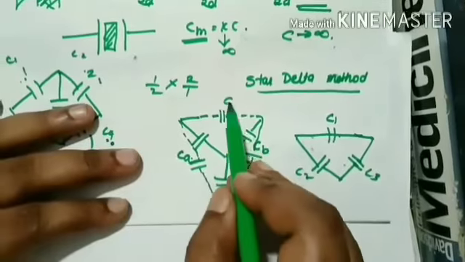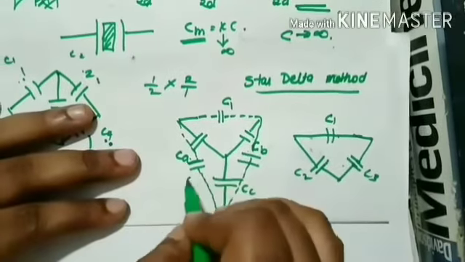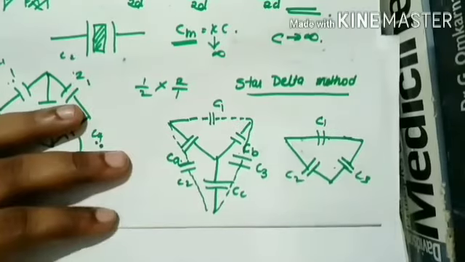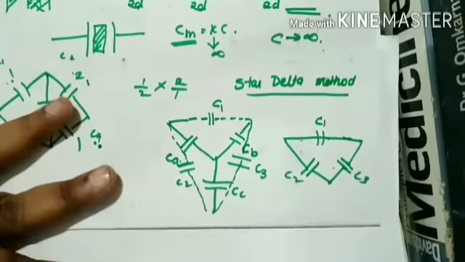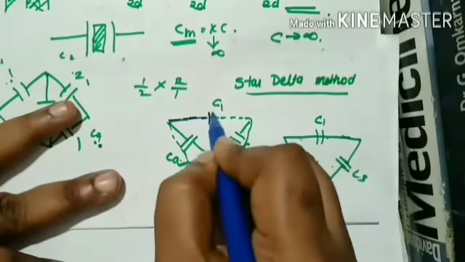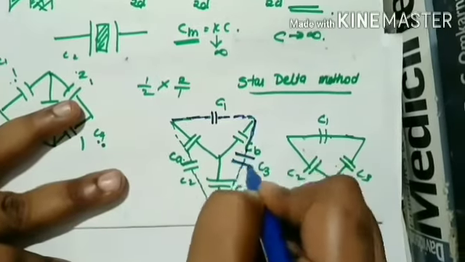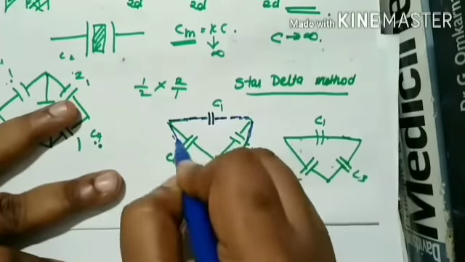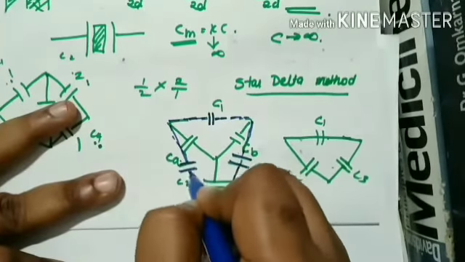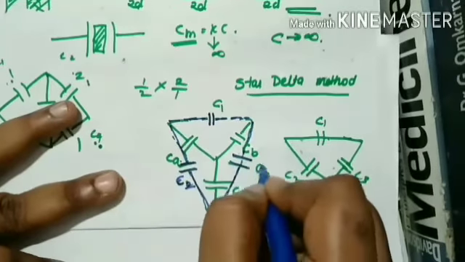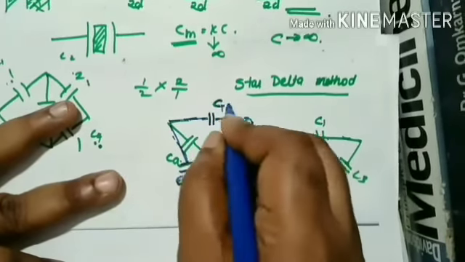So this is C1, this is C2, this is C3. I will use another pen so that you are not confused. So this is C2, C3, C1.